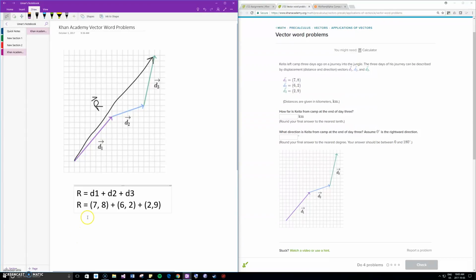When you're adding vectors, just add the x's separately, so 7 plus 6 plus 2, and add the y's separately as well, 8 plus 2 plus 9.